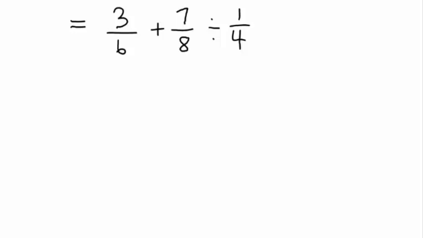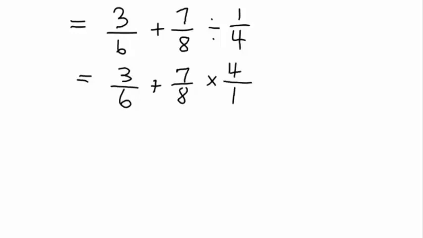So now we've rid ourselves of all of the brackets and all of the exponents, and what we have to do is go through this expression and find all of the multiplications and divisions and do them in order. We only have one multiplication or division, and that's over here. Now remember that we don't want to divide fractions. It's much easier to multiply fractions. So I'm going to switch this division into a multiplication sign, and I'm going to take the reciprocal of this fraction.